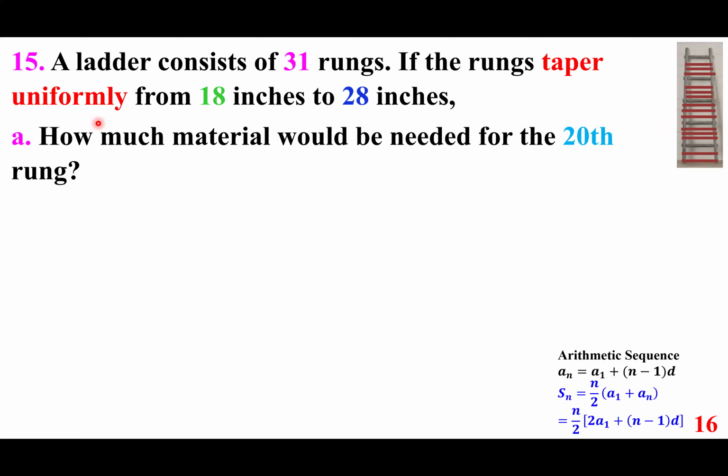Therefore, the smallest one is 18, the largest one is 28, which means from 18, we add a little bit to get to the next one, the same amount to get to the next one, and the next one, and the next one. Therefore, you're dealing with an arithmetic sequence.